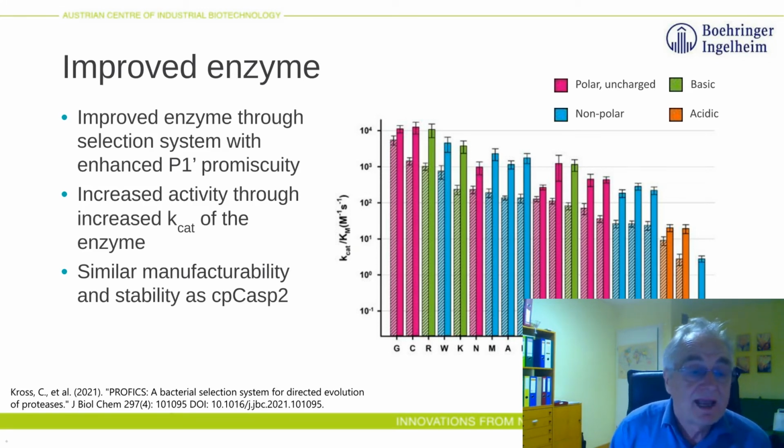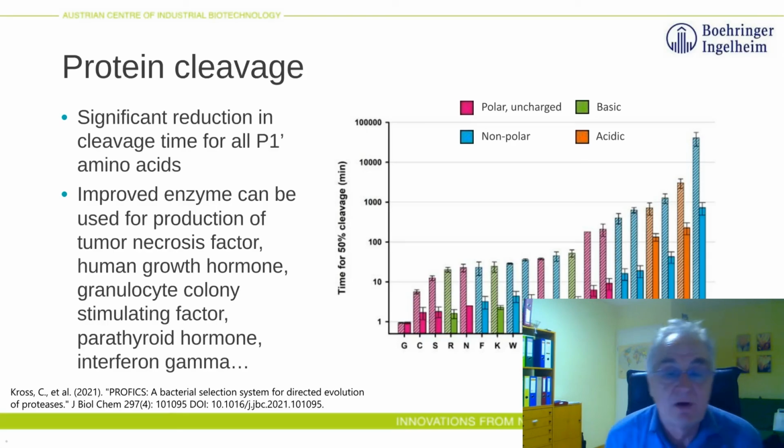But again, what I want to show you, because this kcat over Km is more for science if you publish this, but more meaningful is again the time for 50% of cleavage. Glycine was already 1 minute, so there was not a lot to improve.